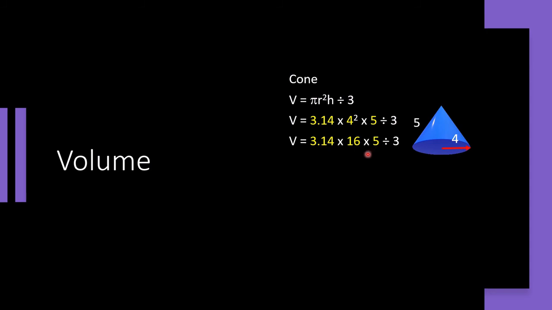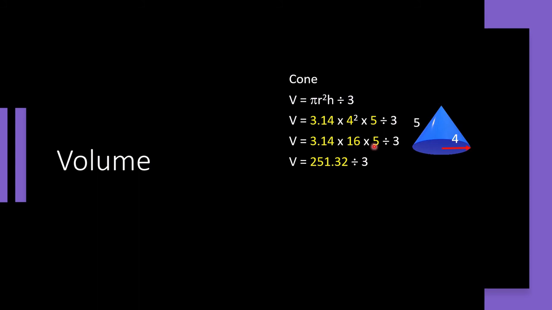So I'm going to multiply these 3 figures first because I have to do this by the order of operations, and that's going to be equal to 251.32.